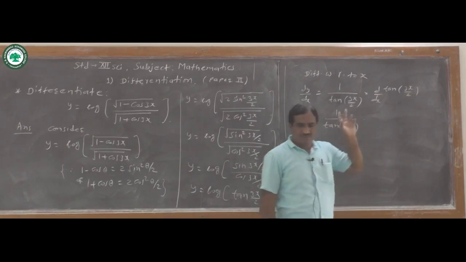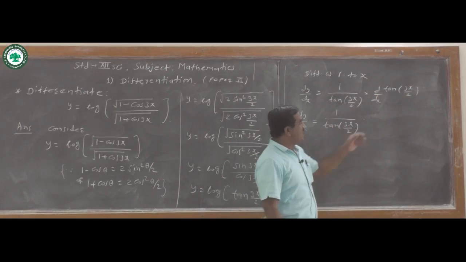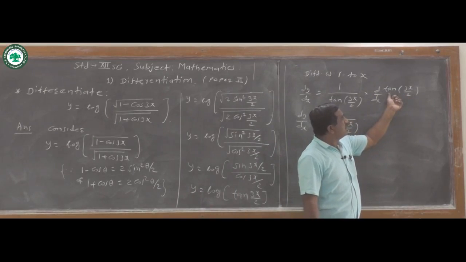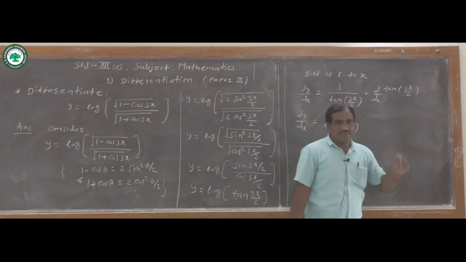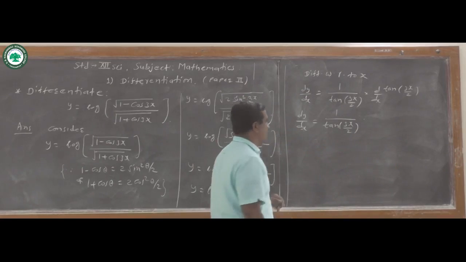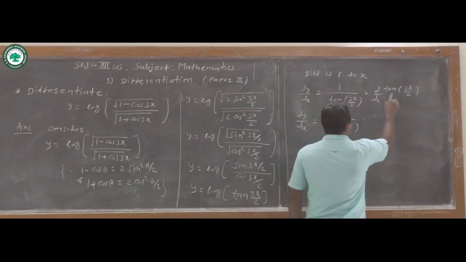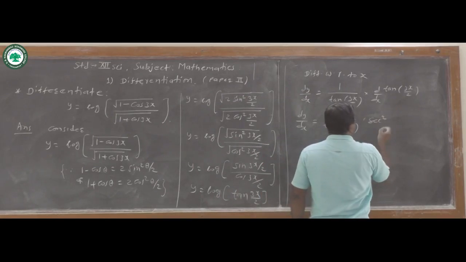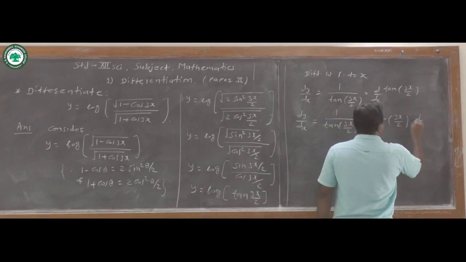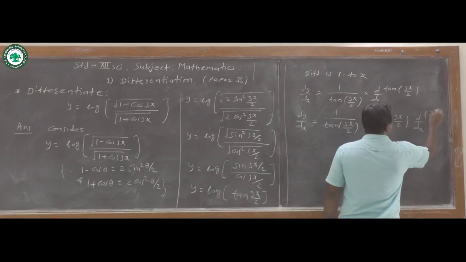This is again a composite function. Now suppose 3x upon 2 as f of x, then derivative of tan of f of x is sec square of f of x into f dash of x. Using this formula, we can write derivative of this as sec square of 3x upon 2 into d by dx of 3x upon 2.